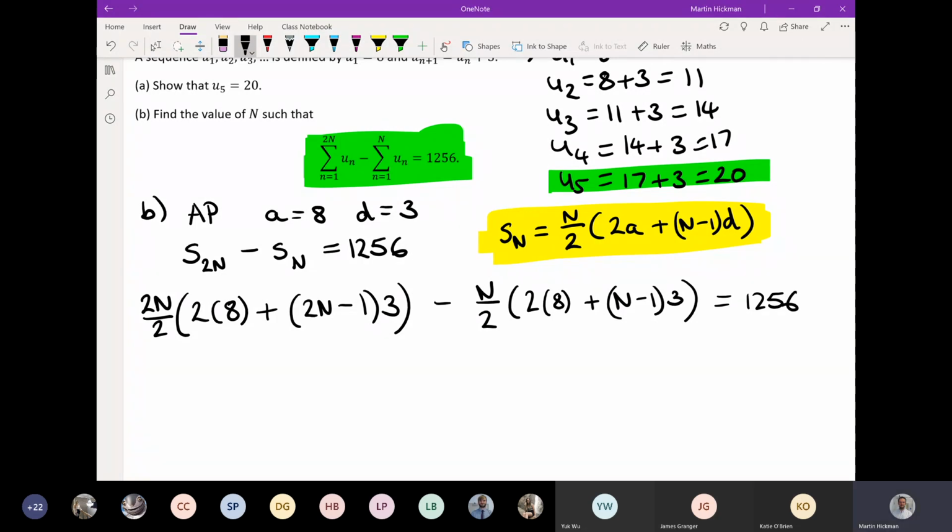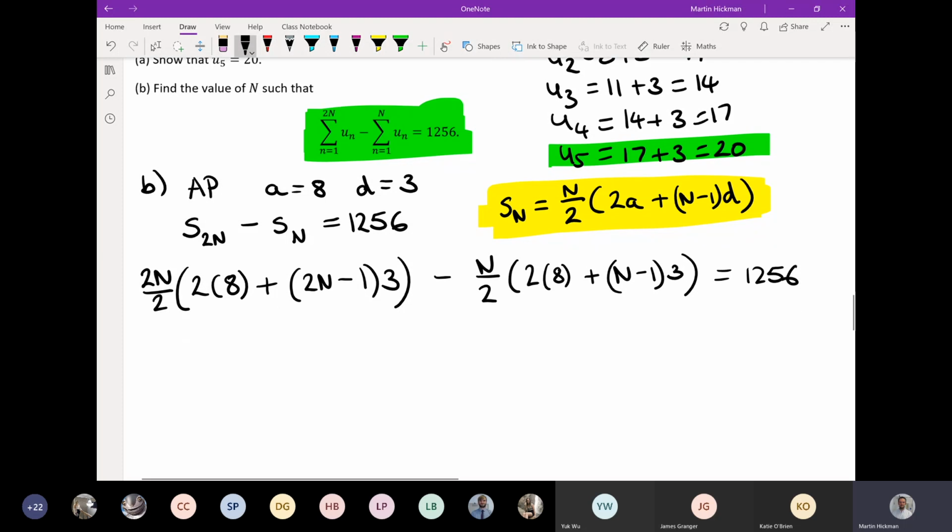From here, it's really just a case of doing the algebra. First, I'm going to times through by 2 to get rid of these fractions, and simplify what I've got in the bracket. In the first bracket, 2 times 8 is 16, plus 2n times 3, so that's 6n.